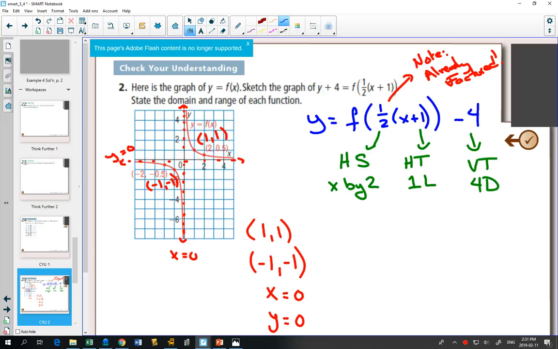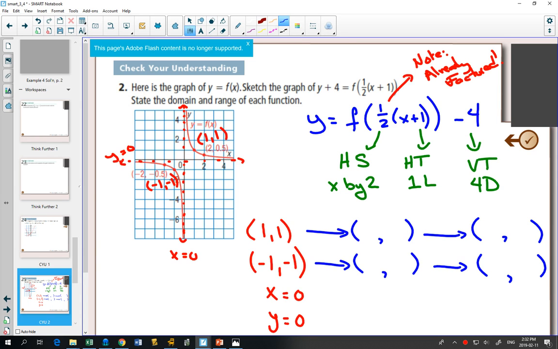When you have multiple transformations, which we do in this situation, for your work, we're always going to do our stretches and compressions first, followed by our translations second.